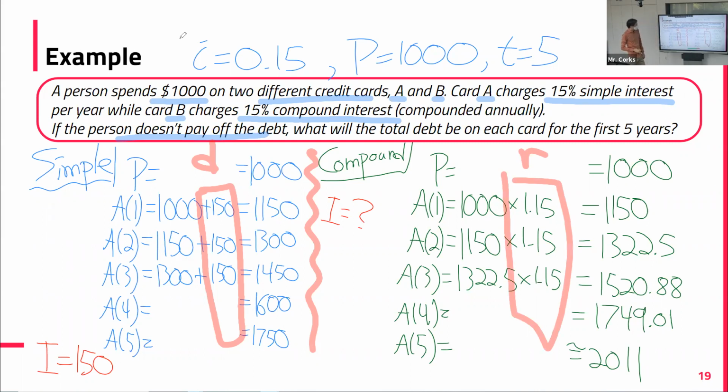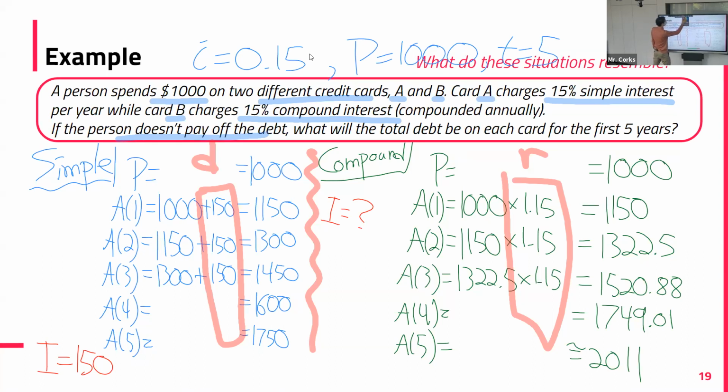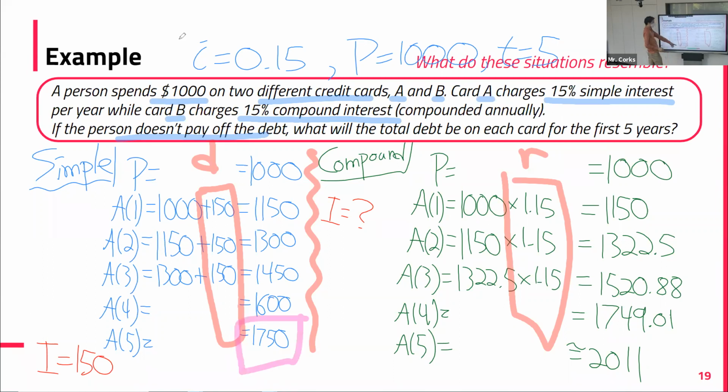All right. So look at the dollar values here. The final value of the loan after 5 years on simple interest and 5 years on compound interest. We can see the difference there. Does that seem like a significant difference or not so big of a difference?